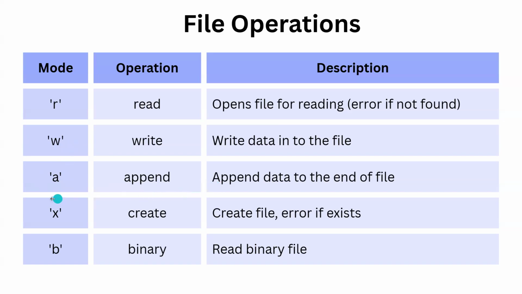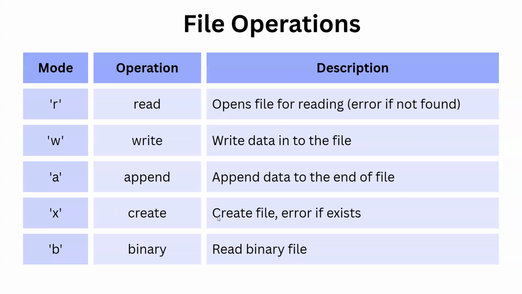Now, X is all about creating a file, and it will give an error if that particular file already exists. So for example, if you are creating a file example.txt or example.jpg, and that file already exists, it will throw the error file already exists.